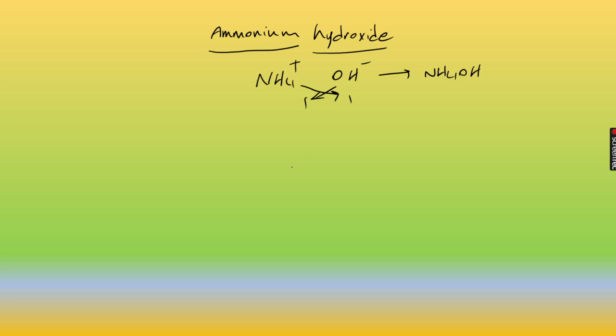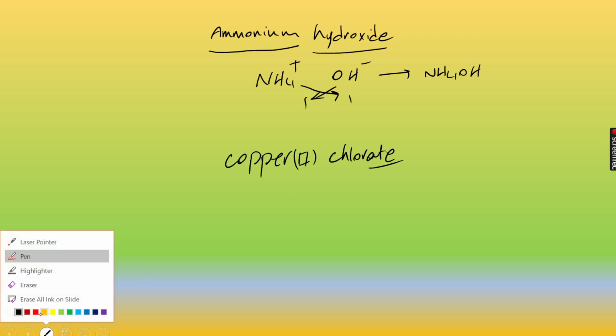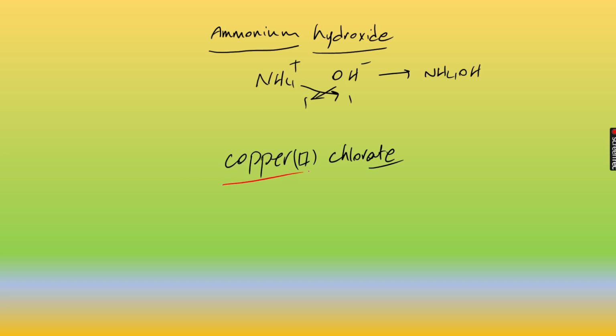And one more question. You want to write copper 2 chlorate. Copper is a multivalent metal, copper 2. Copper should be Cu with the 2 positive charge. Chlorate should be ClO3 minus.